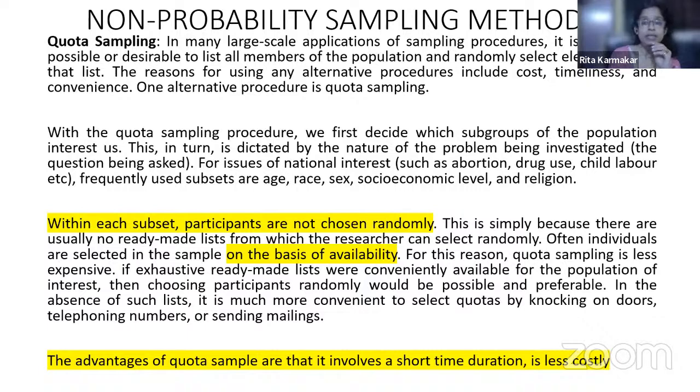But the difference is that while selecting the elements to be included in the sample from each of these strata, unlike stratified random sampling, that is not a random selection. Here, the researcher is selecting based on the availability of them, or on certain purpose, or on other predefined parameters.